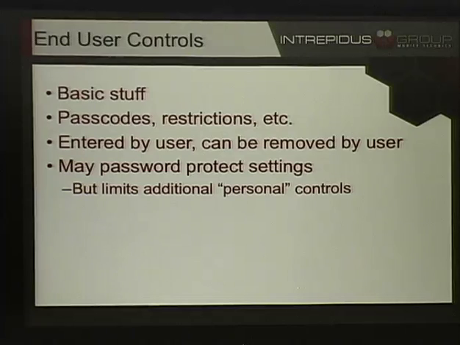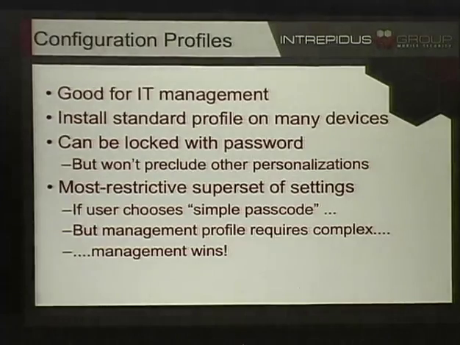Now, Apple added a way to password protect those settings so that you can set everything up the way you like it and then lock it. So theoretically, an IT department could do that for every single device in their enterprise. But the problem is, once you lock that, you lock all the settings underneath that umbrella. So you may be able to set a couple of things that corporate cares about, but then the user can't go back and change certain settings that they may care about. So it's kind of an all or nothing sort of thing.